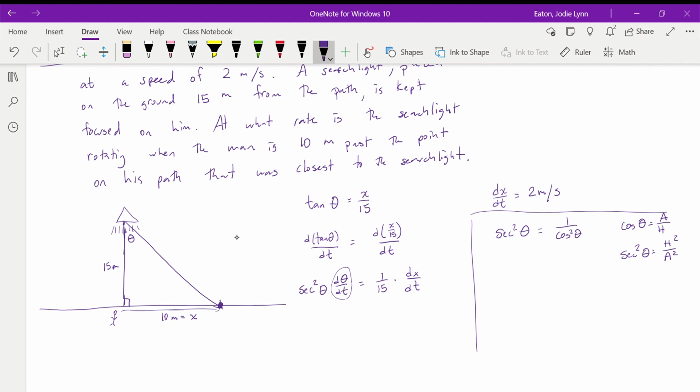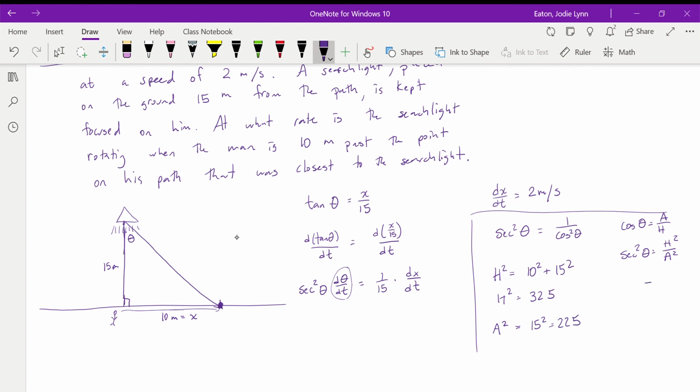So if I want to figure that out, let's see how we can find hypotenuse squared. We know that the hypotenuse squared equals 10 squared plus 15 squared, again by our lovely Pythagorean theorem. So h squared equals 325. The adjacent side to our theta is 15, so adjacent squared is 225.